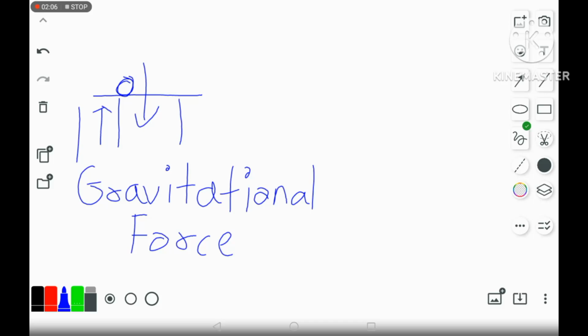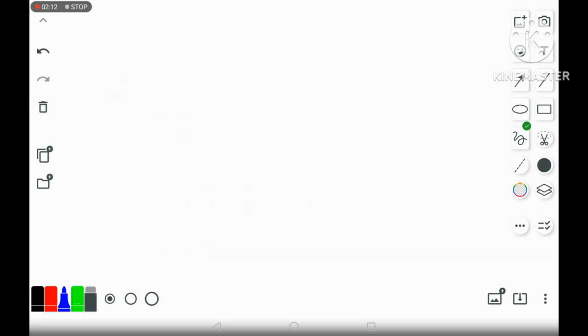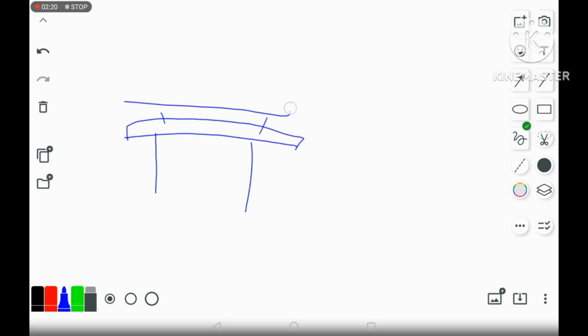And there are many examples. I will show you one other example. If there is a bench in the park and you are sitting on it, you are applying force on the bench, but the bench is also applying force in the upward direction to hold you in position, and you are pulled downward by the gravitational force.